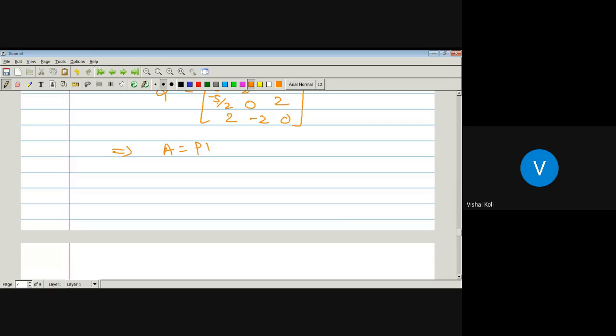So as A equals P plus Q, just put the values. A equals minus 1, 7, 1; 2, 3, 4; 5, 0, 5. Now just put the value of P here.